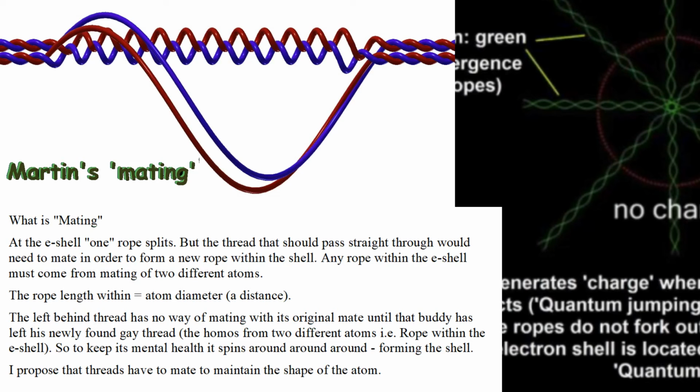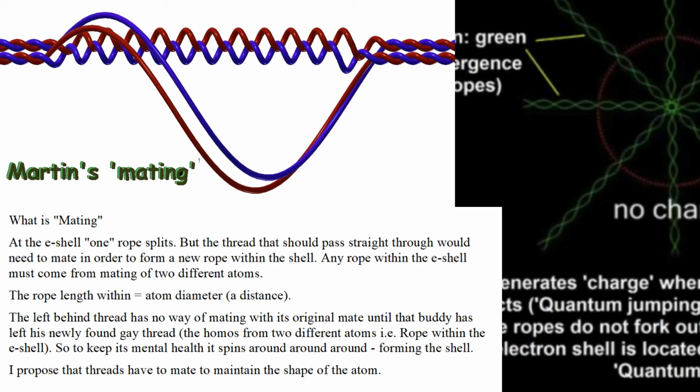The homos from two different atoms, rope within the E shell. So to keep its mental health, it spins around, forming the shell. So now what he's saying is that we have a spinning of this loose thread, and that's what's going to make the electron shell.